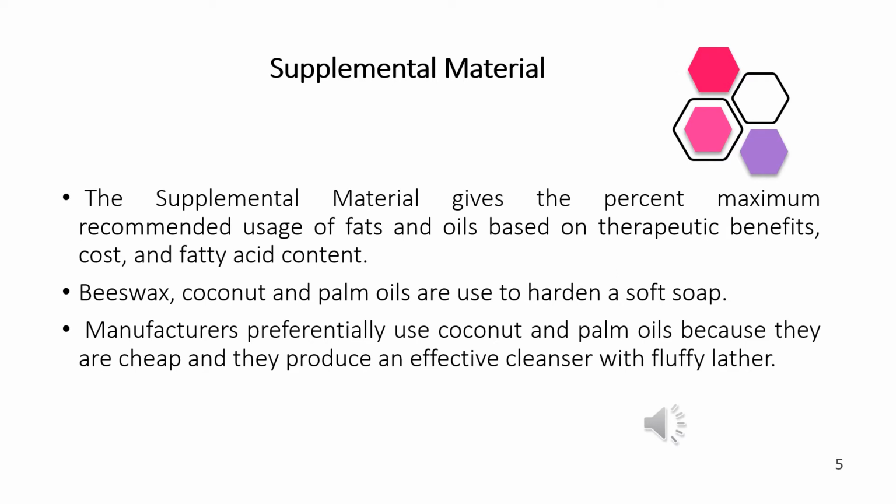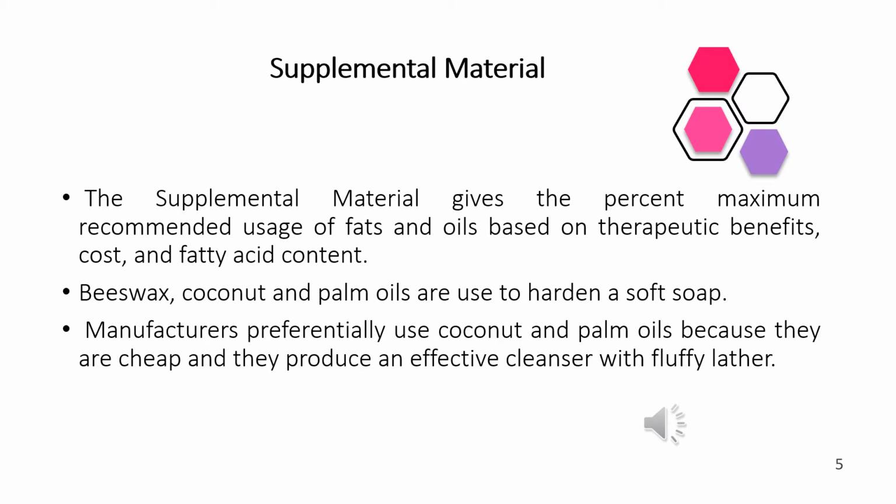So there are supplemental materials used in making of the soap. These supplemental materials have certain benefits. They give the percent maximum recommended uses of fats and oil, and it is based on their therapeutic benefits, cost, and fatty acid contents.